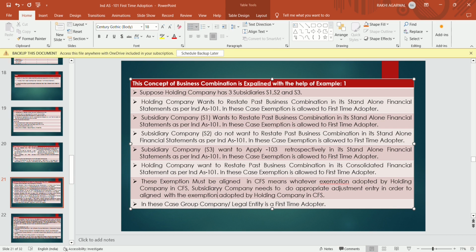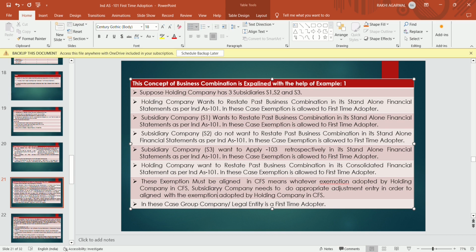Whatever exemption they want to avail, they can avail. So in this case, the holding company wants to restate, so they are free to do that. The exemption is allowed to the holding company because the holding company is a first time adopter of Ind AS 101.